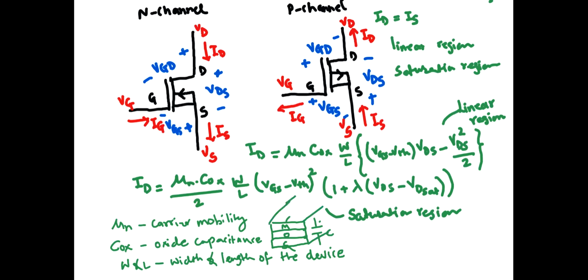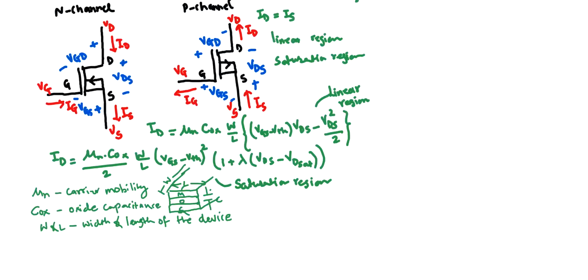This is called the length of the device. That is the channel length. And here is the width of the device. So it defines the cross-section of your transistor. The bigger the device in width, the larger the current flowing through it.